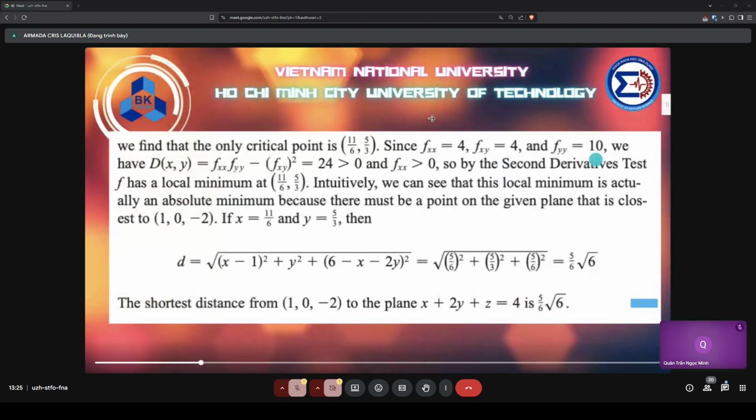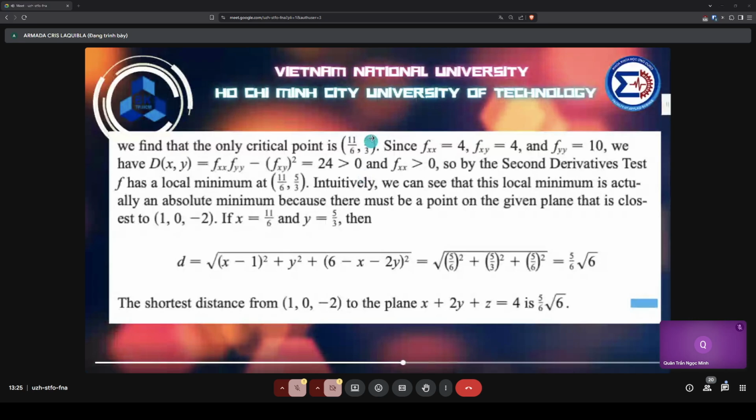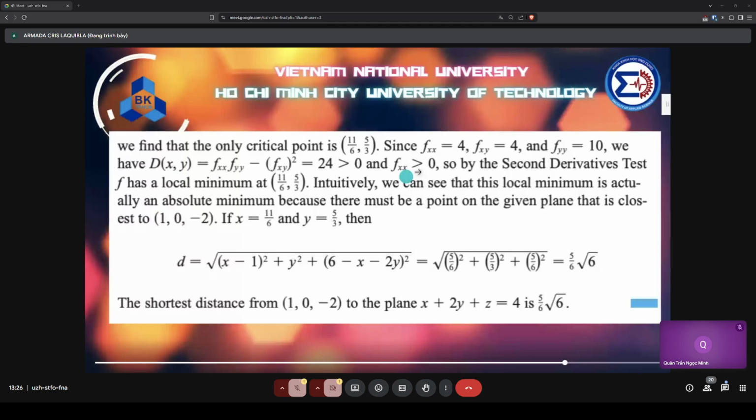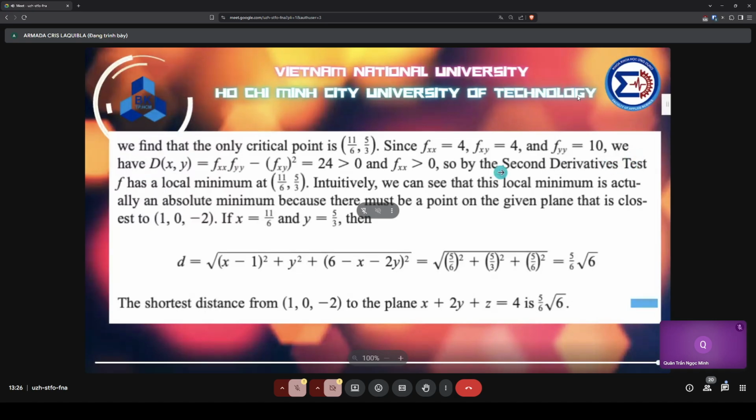Substituting that in your d, it's positive 24. In your fxx, you substitute this point, 11/6 and 5/3. This is always positive. So positive d and positive fxx means that by the second derivative test, f is a local minimum.